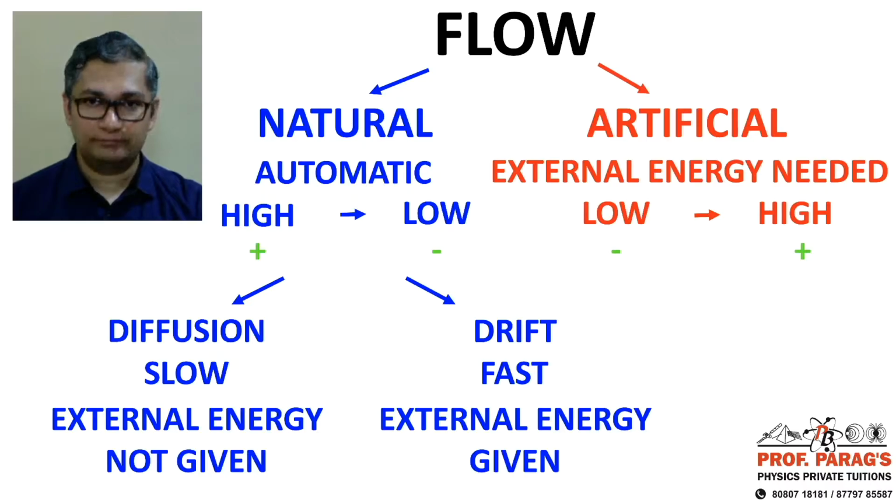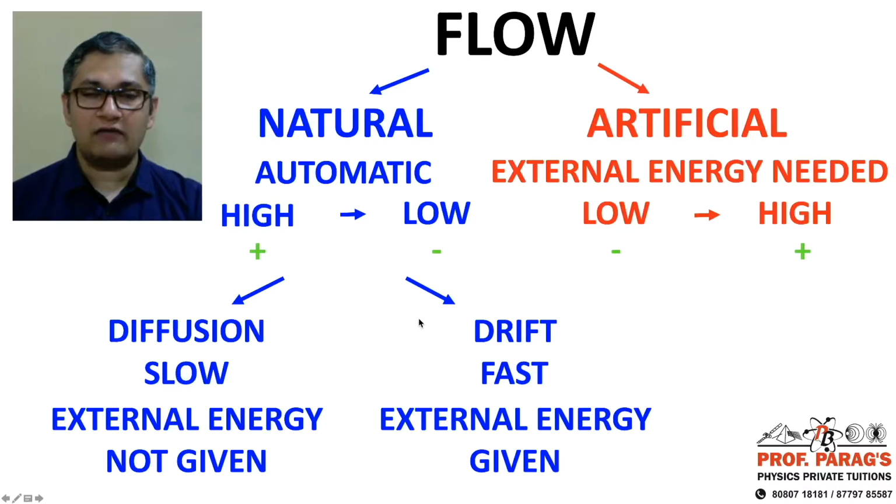It's not that the external energy is needed. You see the difference between artificial flow and drift or diffusion, whatever it is, it's a natural flow. Here in drift, artificial energy is not needed. If you don't give external energy, very simple, it will turn to diffusion, it will become slow.